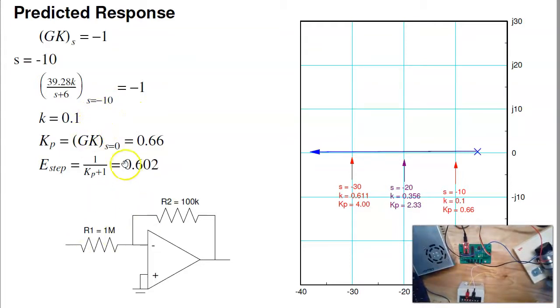So there's your gain. The error constant Kp is just G times K as s goes to 0. And the steady state error is 1 over Kp plus 1. So as I move along the root locus, the gain gets bigger, the plant gets faster, and the steady state error gets smaller. That's what I predict based upon root locus.